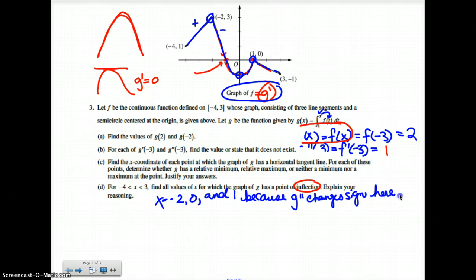And even if you wanted to be more specific, you could say because it goes from positive to negative, indicating a change in concavity from concave up to concave down. I mean, you could be really, really specific, but this will suffice. The equivalent statement would be because g prime changes, but not from positive to negative, it would be from increasing to decreasing. Either one. I like this one.